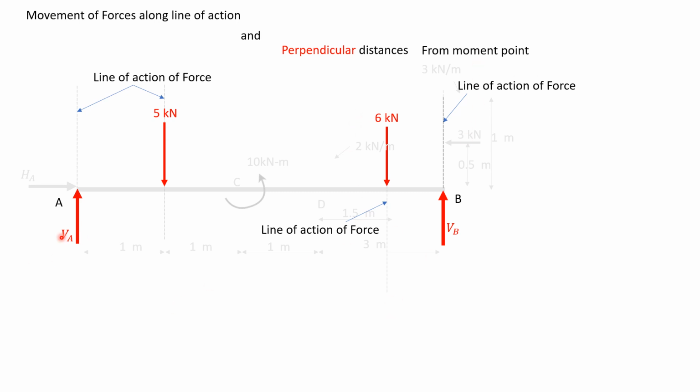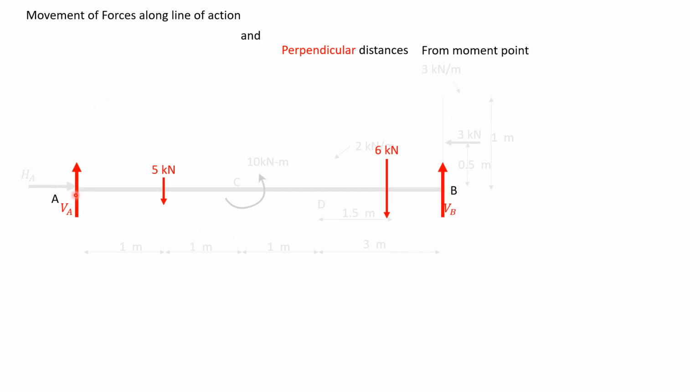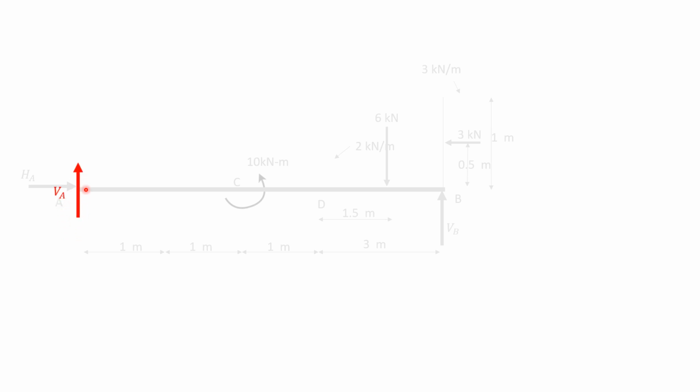VA will have 0 perpendicular distance about point A, so VA will have 0 moment about point A. The 5 kilonewton force will have a perpendicular distance about point A of 1 meter, and it will rotate about point A clockwise.